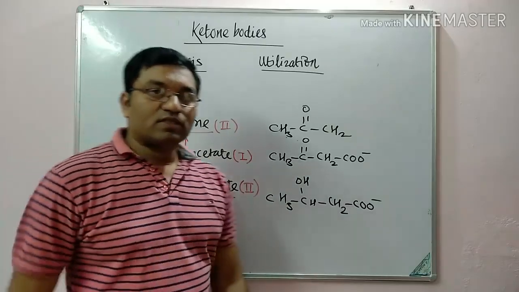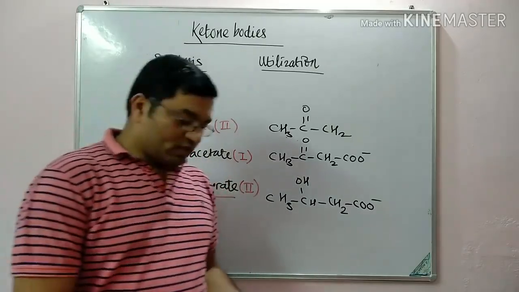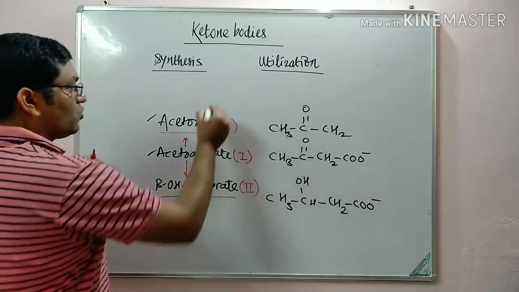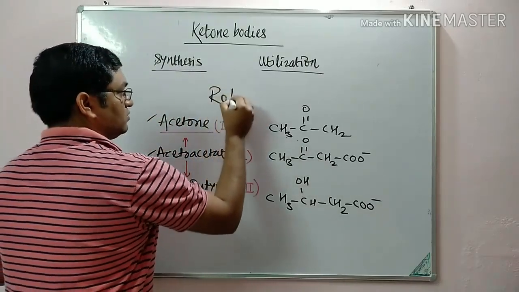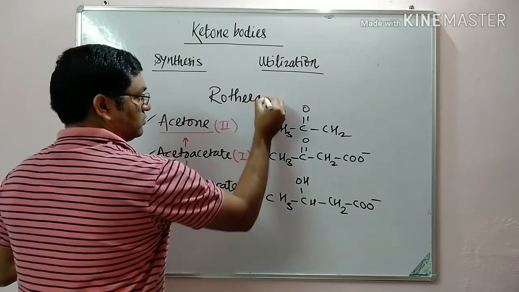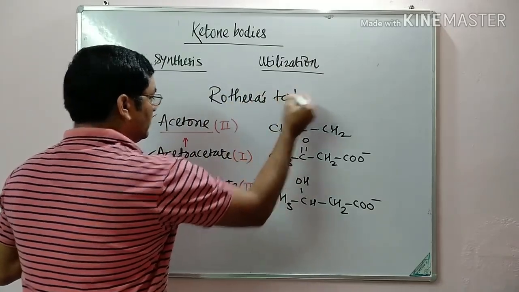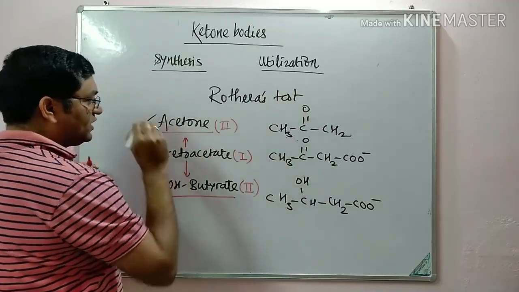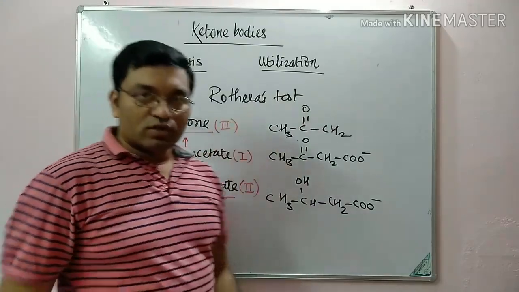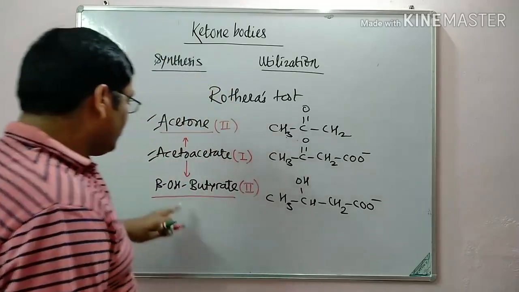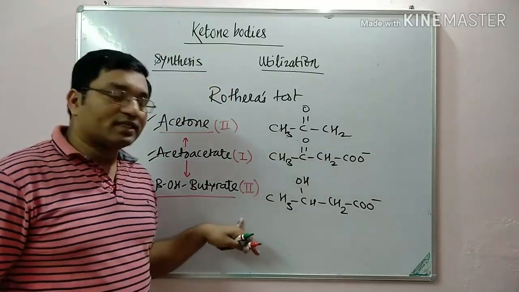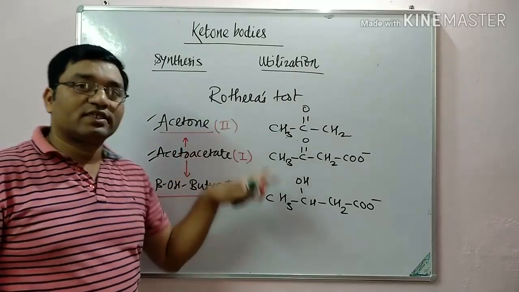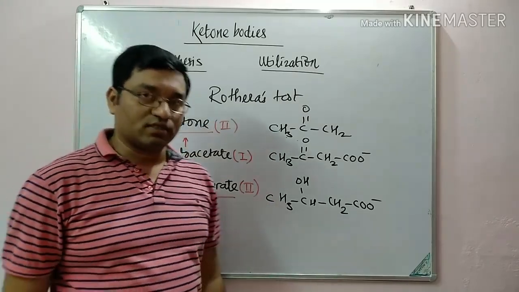The ketone bodies are detected in urine by a test known as Rothera's test. Only acetone and acetoacetate are detected by Rothera's test. Beta hydroxybutyrate is not detected by the general Rothera's test, it is detected by the modified Rothera's test.